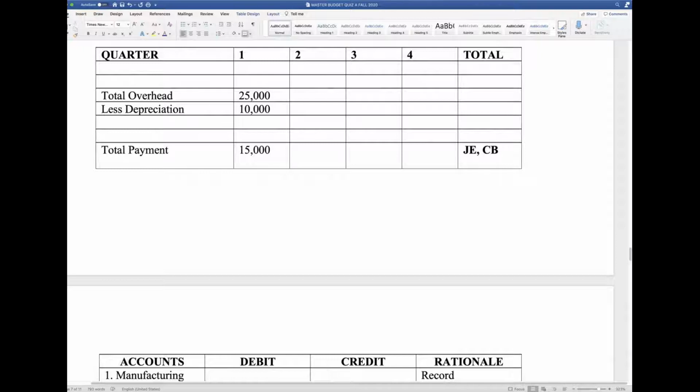All right, so this chart, yeah, it's the same across every year. 25,000 and 10,000. It's gonna be the same number, 15,000 at the end at the cash budget. Okay, so the total payment is gonna be 15,000 each time. Muchas gracias.